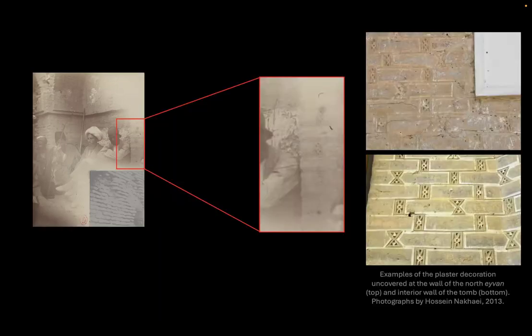However, this space does not correspond to any parts known to us with the available imagery and may instead relate to a section not visible in the photograph. Notably, the plaster surfaces visible in the image are decorated with stucco plugs similar to those covering the interior of the dome chamber and its eyvan, suggesting that these walls may date to the Ilkhanid period.